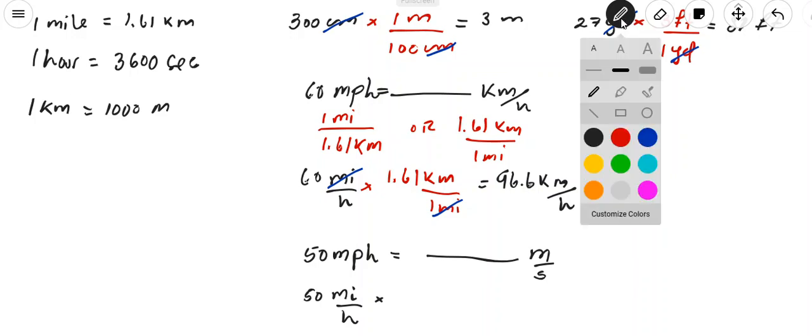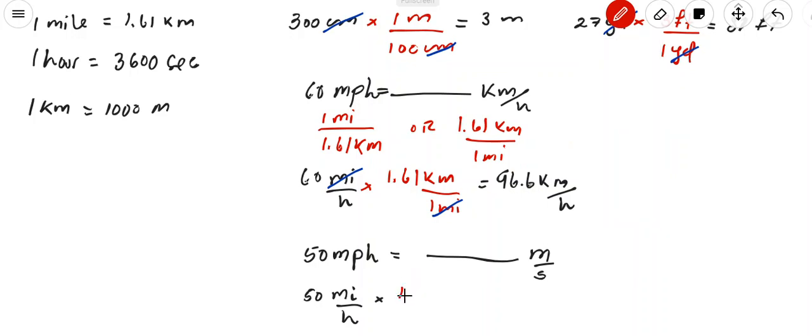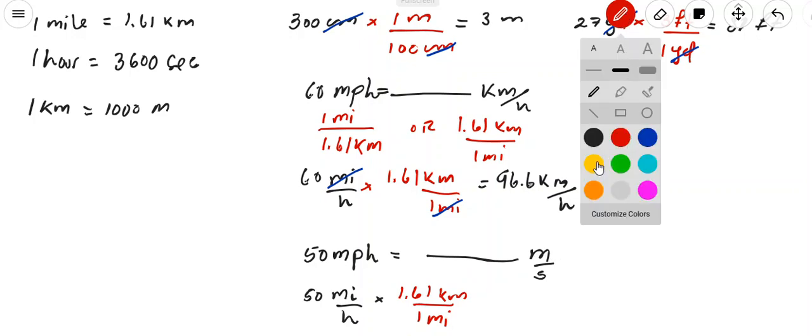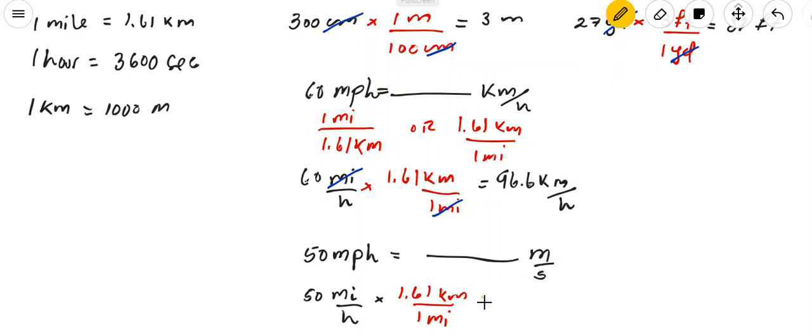So I'm going to say times 1.61 kilometers for each mile. But I want to get meters, so now I'm going to convert the kilometers into meters. So I'm going to say times 1,000 meters that I have in each kilometer, right?